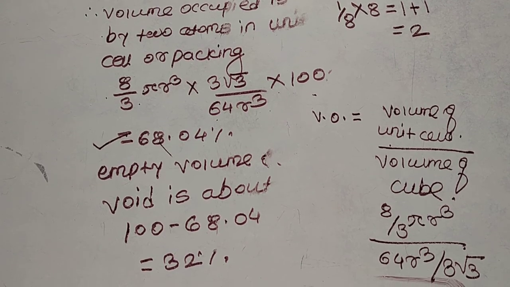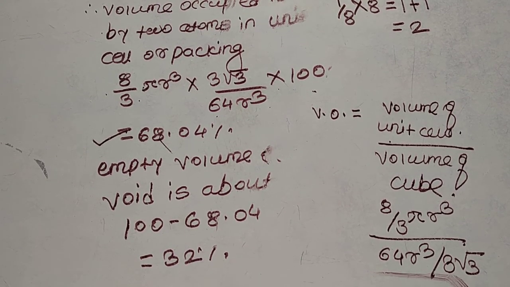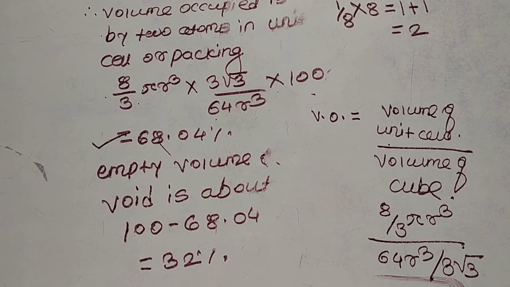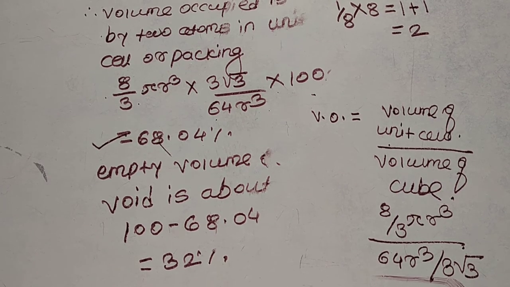This is the unoccupied space or voids present in the BCC structure. In the next video we will discuss how to calculate the radius, packing efficiency or volume occupied, and unoccupied voids for the FCC structure.